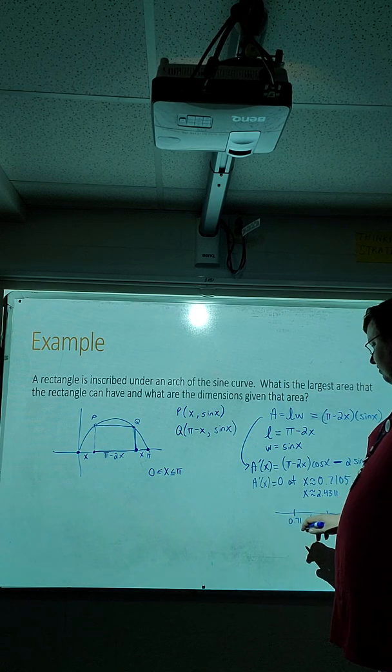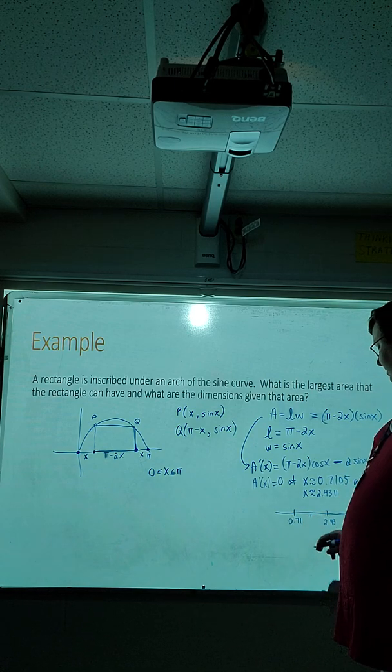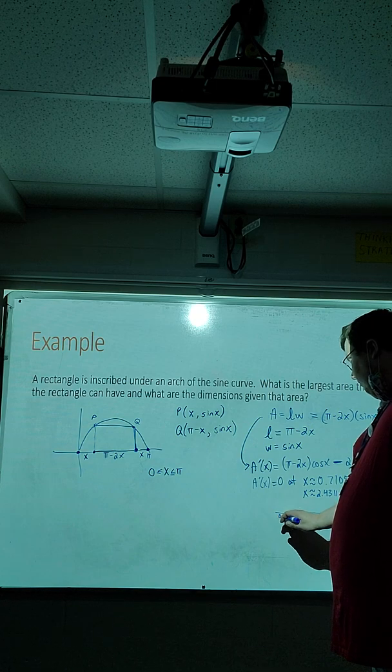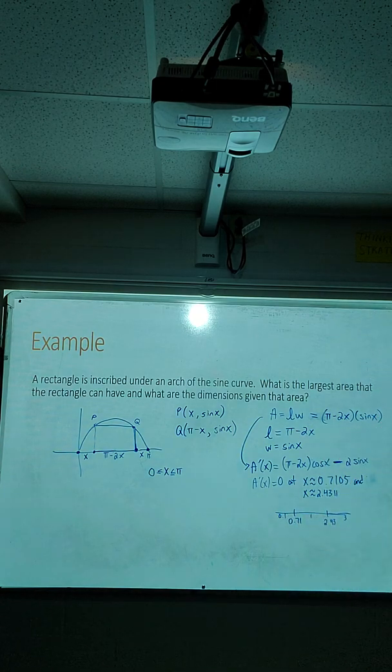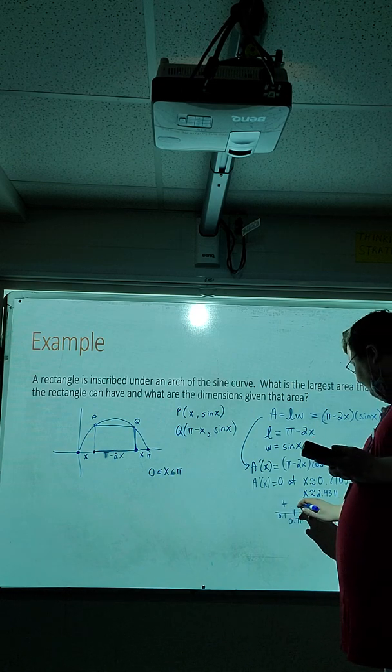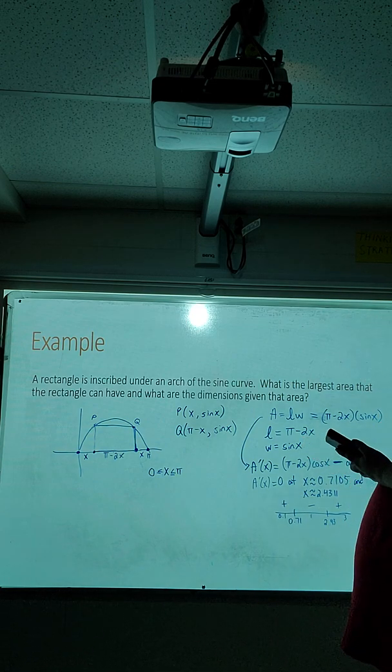And we don't want to pick 0 because that's our end point, so we'll just pick 0.1. We're going to let the table do the work for us anyway. So 0.1, 1 and 3. What we get is positive, negative, positive.